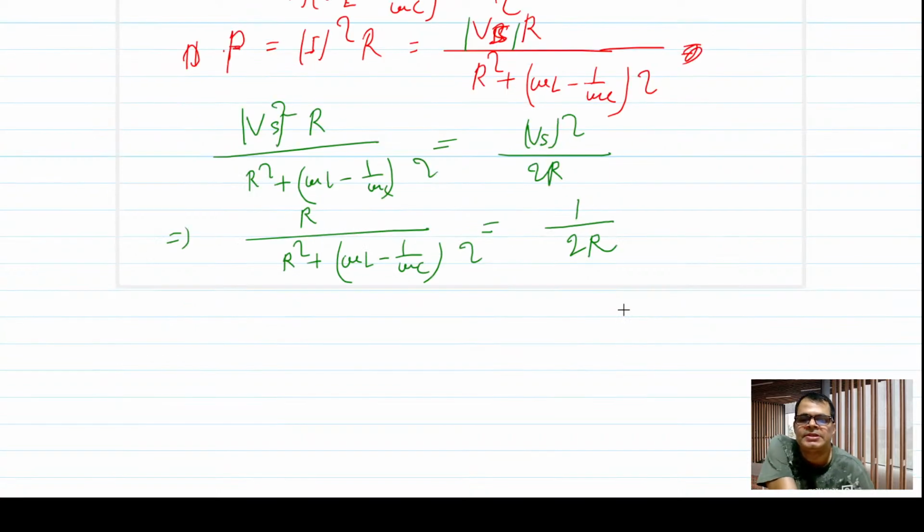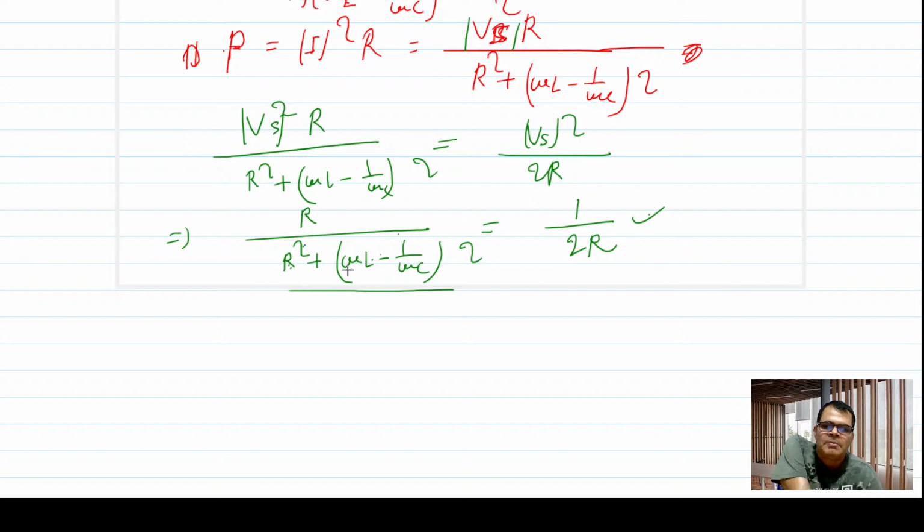Now see intuitively how you will see it, without solving by cross multiplication. Ultimately you will get the same result. How can I get 1 upon 2R on the right side? Here is the R square, here is the R. If this is 0, this is 1 upon R, but not 1 upon 2R.